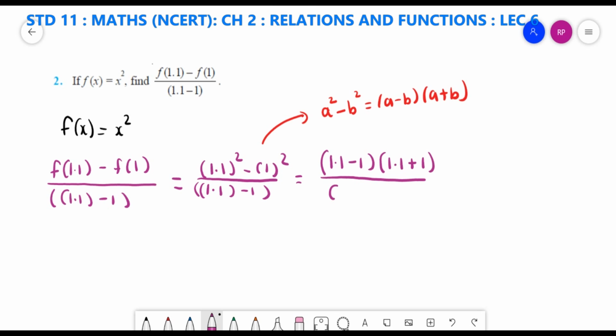On the denominator it is 1.1 minus 1. So what will happen? 1.1 minus 1 and 1.1 minus 1 will get cancelled. So this will be equal to 1.1 plus 1, so this will be equal to 2.1. So note down question number 2.